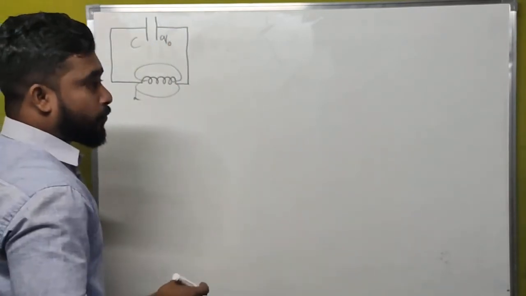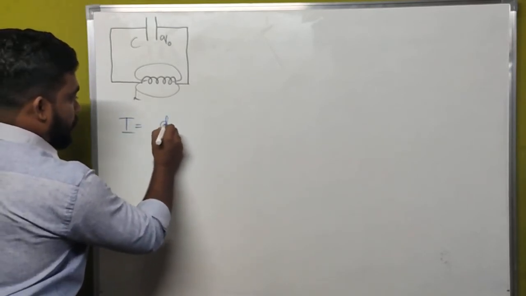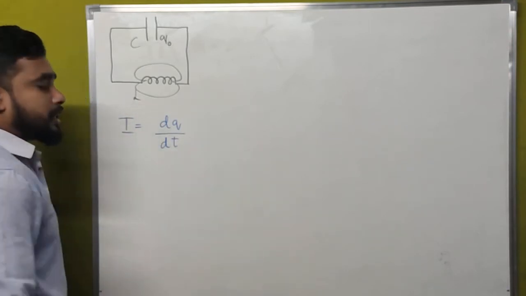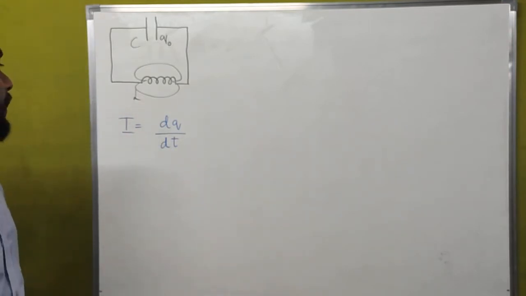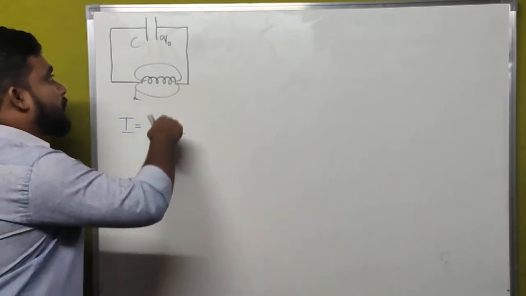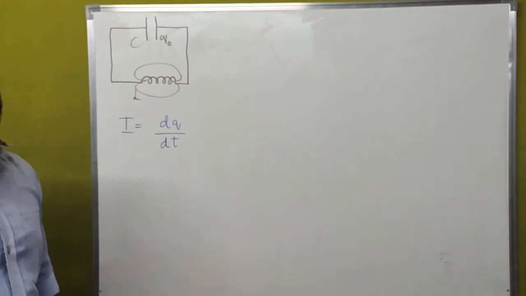The current flowing is I equals dq divided by dt. This is the expression for instantaneous current, I equals dq/dt, once the charges start to flow from the capacitor to the inductor.